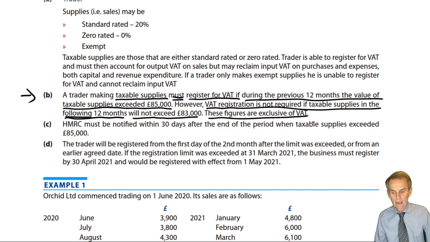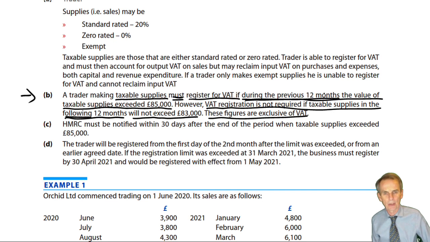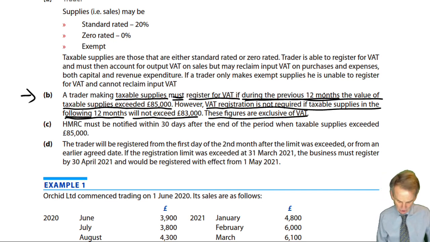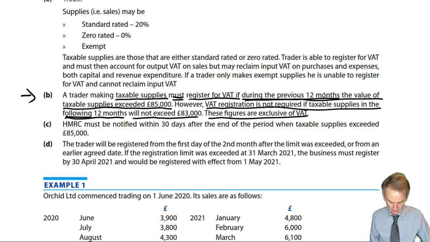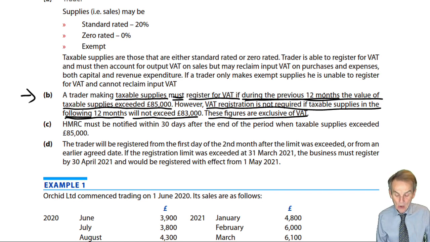But most of the questions that we're going to get will give you a series of months of levels of taxable supply made, usually from the start of trading, and you've got to go through and work out, up to a period of the previous 12 months, at what point on a rolling cycle, a period of 12 months, at the end of what month have we exceeded that VAT registration limit of £85,000.